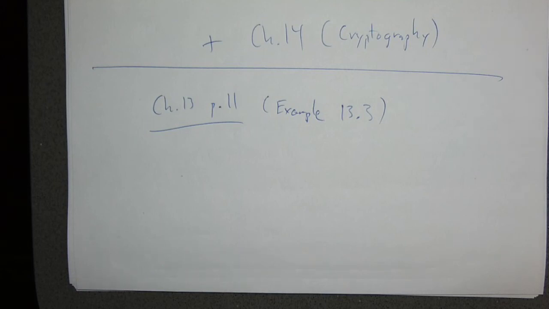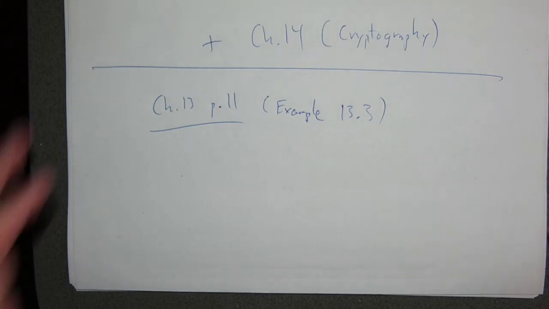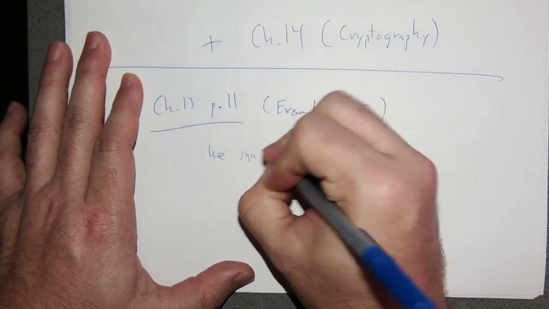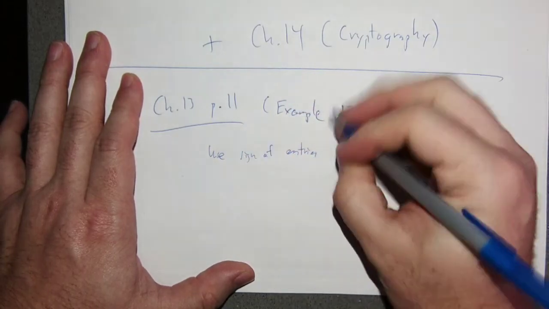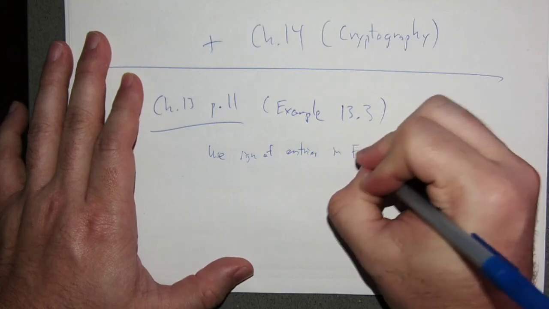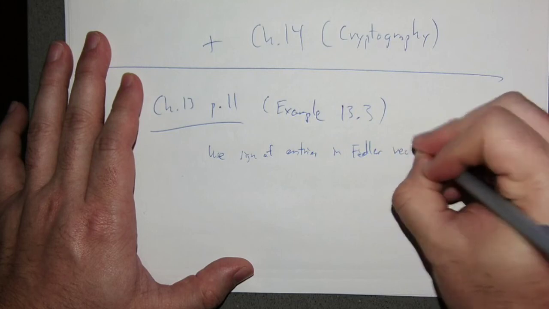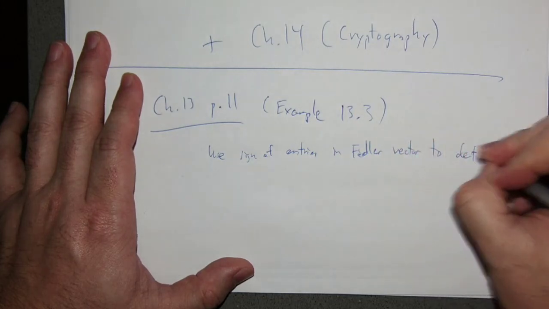The basic Fiedler method uses the signs of the entries in the Fiedler vector to tell you how the graph is supposed to be partitioned, to determine the partition.